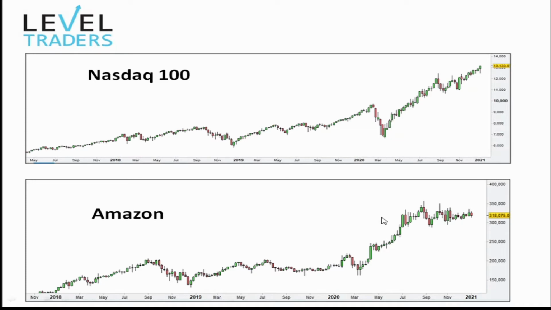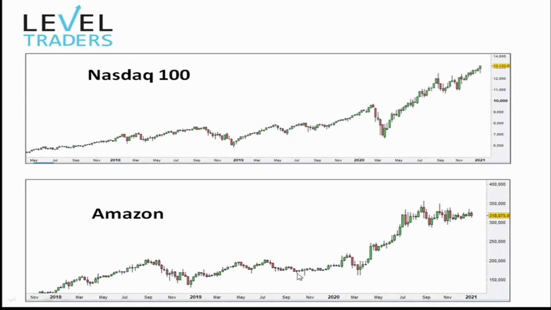Vice versa here, in Amazon, just before May, so April, the size of the green bar is big. So there's big buying there. And then you've got that again in July, where the bars are quite big for the green. You've got a big red candle following it, but you can see the magnitude of that move.